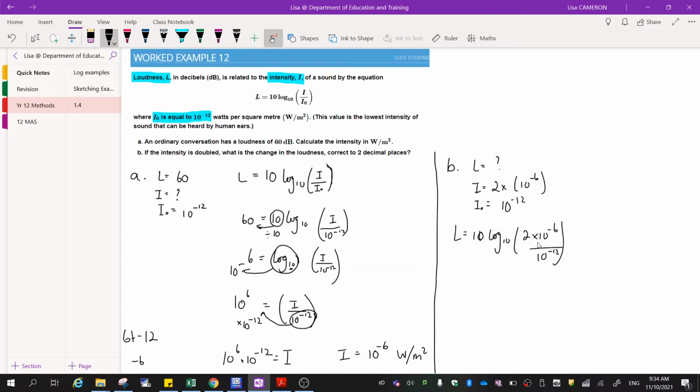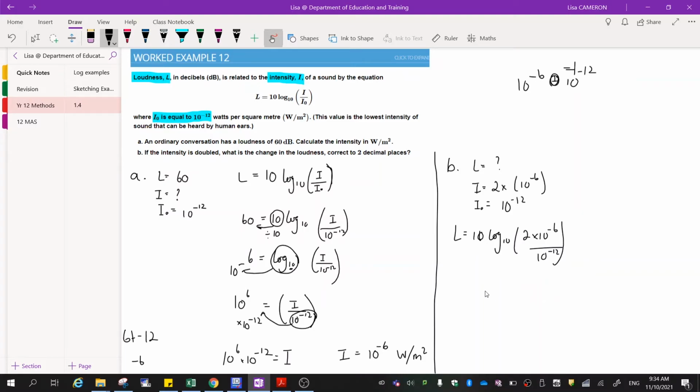Now here you can see I've got this divided by that. So really I'm saying 10 to the power of negative 6 divided by 10 to the power of negative 12. When they are dividing, it means these things minus. So really I'm going to do 10 to the power of negative 6 plus the 12.